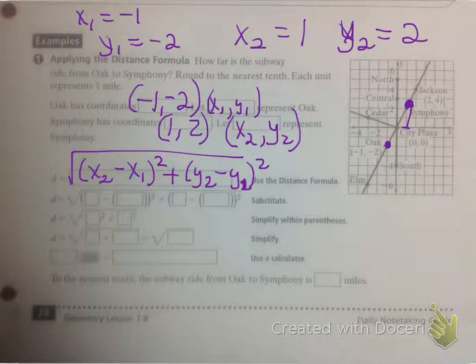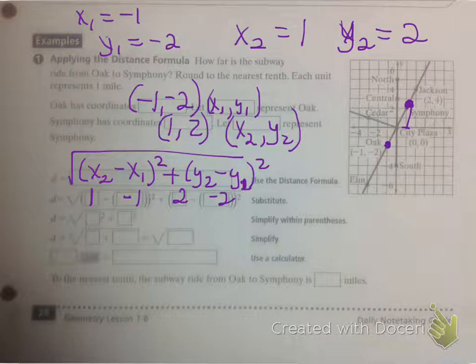Now let's plug in. This is not hard. All we have to do is sub in the numbers and be careful on the signs. x2 is 1, x1 is -1, and notice I'm going to have a minus there, so I've got to watch my signs. Then here is my y2, which is 2, and my y1, which is -2. Let's simplify.